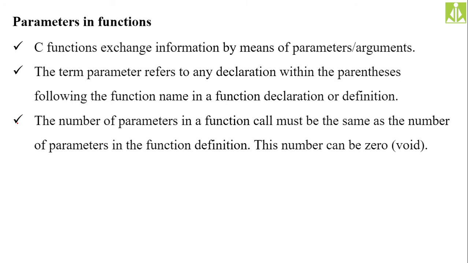Generally, whenever we are writing a function, immediately after the function name we take a set of parentheses, an opening parenthesis and a closing parenthesis. Between this opening and closing parenthesis, whatever values we pass, we call them parameters. Let us say I'm passing a, b, c and so on.